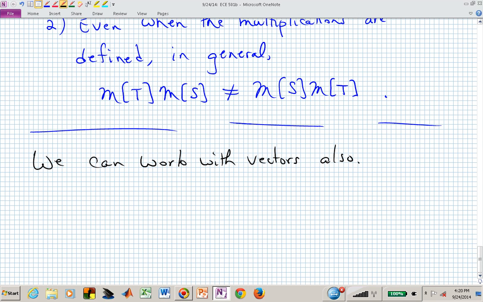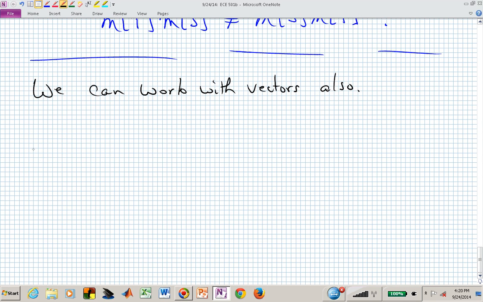In particular, we can look at proposition 3.14.